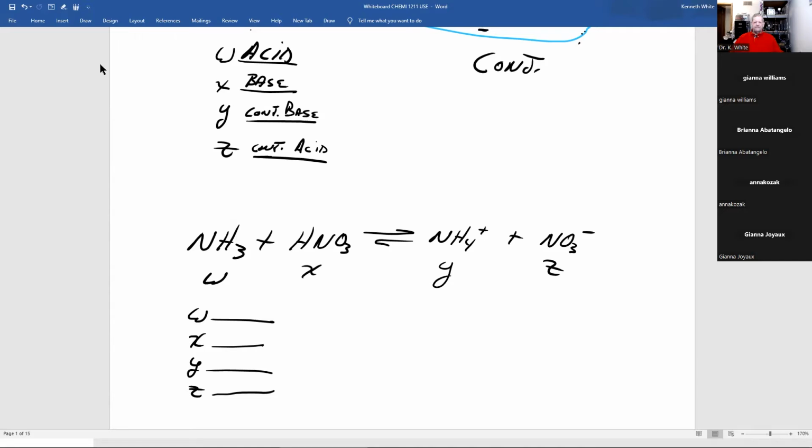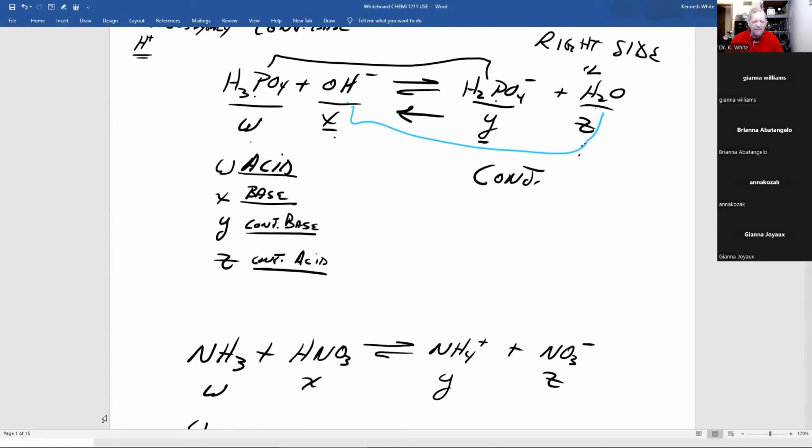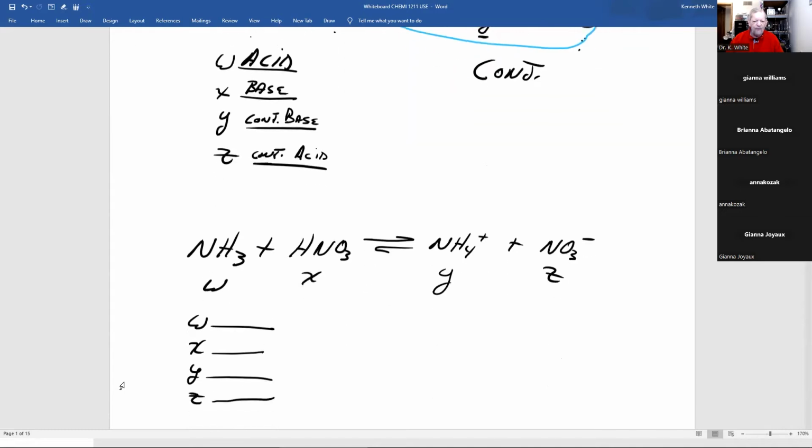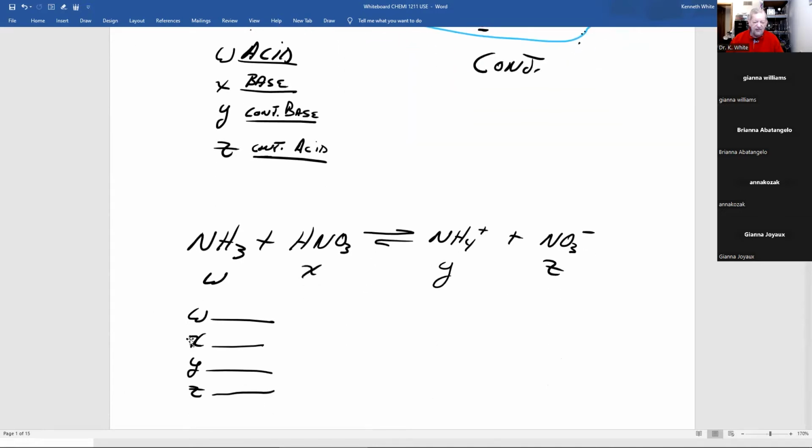Can we label like A, B, C, D or 1, 2, 3, 4? Well, what you would put in, like I did above here, one of these four letters is acid, one of these four letters is base, one of these four letters you should identify as conjugate acid, and one of these four letters you should identify as conjugate base.